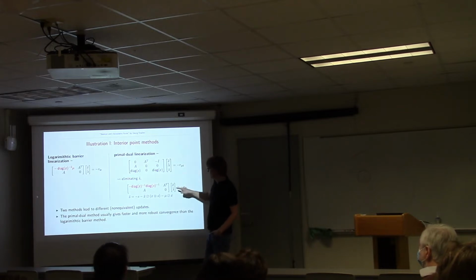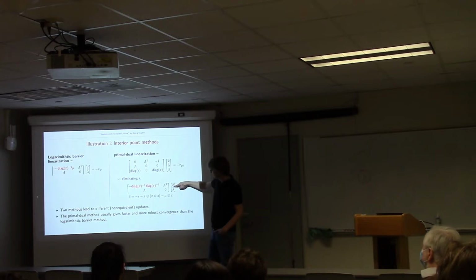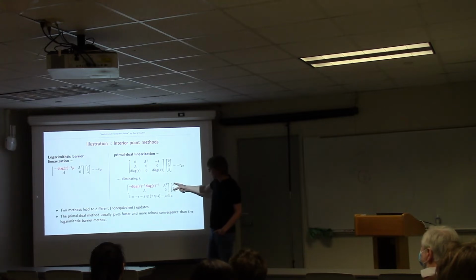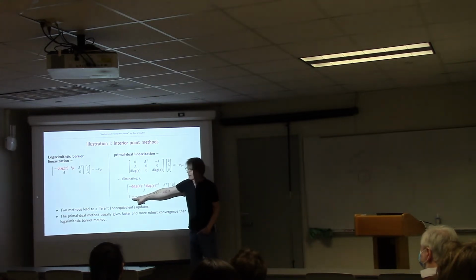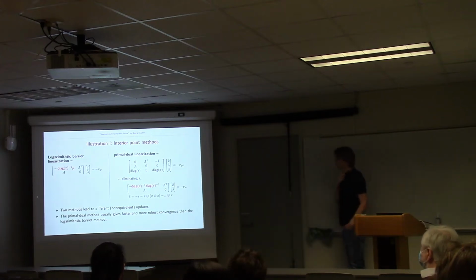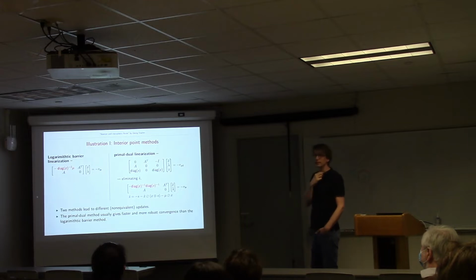That allows us to express the S tilde in terms of the other variable, so we can take it out again. We come up with this system that's only now the increments for x tilde and lambda tilde. So it's the same size as the original one, but it's different. And after I solve this, I just compute my S tilde by the Schur complement linear algebra. Yeah, so basically that's the trick here.